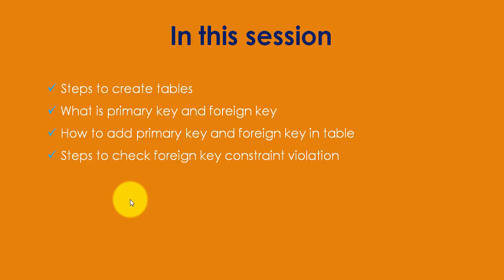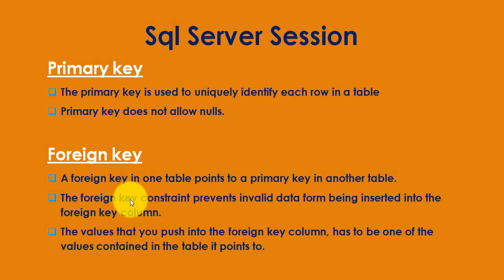The next one is what a primary key and foreign key are. A primary key is used to uniquely identify each row in a table.